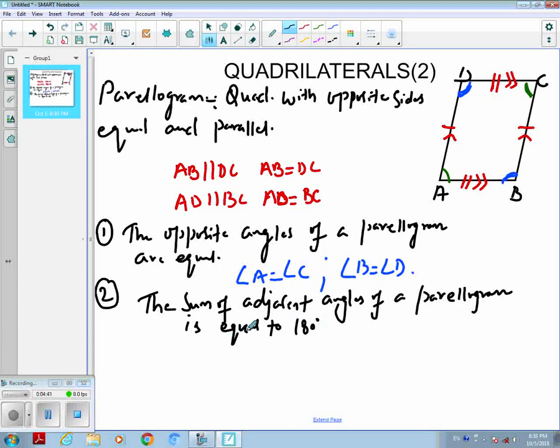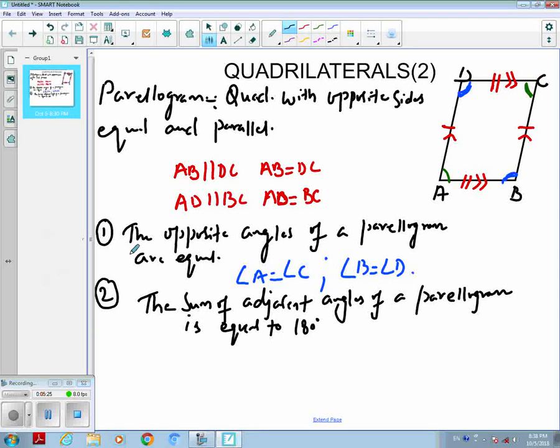Just remember, adjacent angles are those angles which are formed on the same arm. For example, look here, angle A and angle B. They are formed on the same arm AB. Similarly, angle A and angle D are both formed on the same arm AD. Angle B and angle C are formed on the same arm BC. So A is adjacent to B as well as to D. B is adjacent to A and to C.